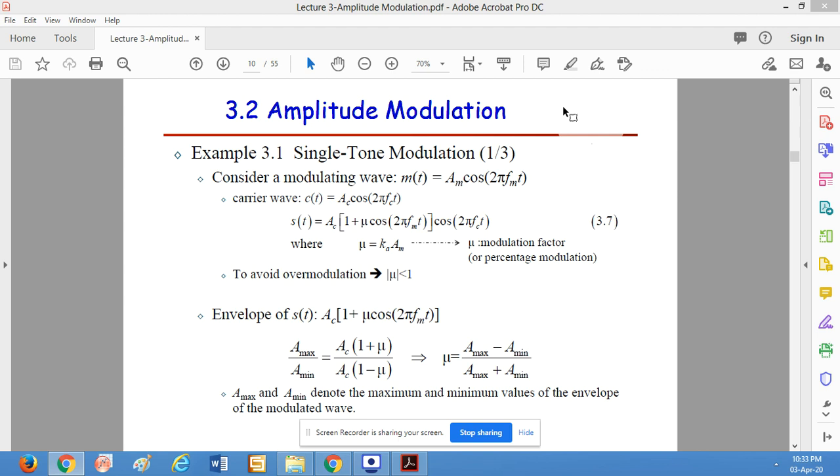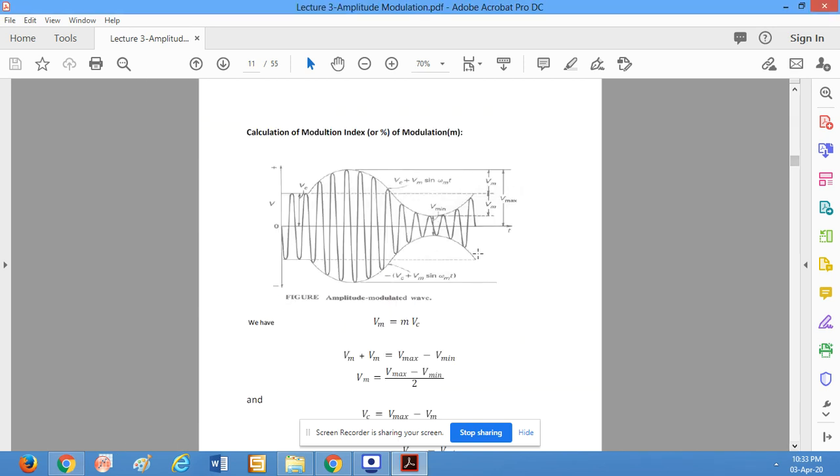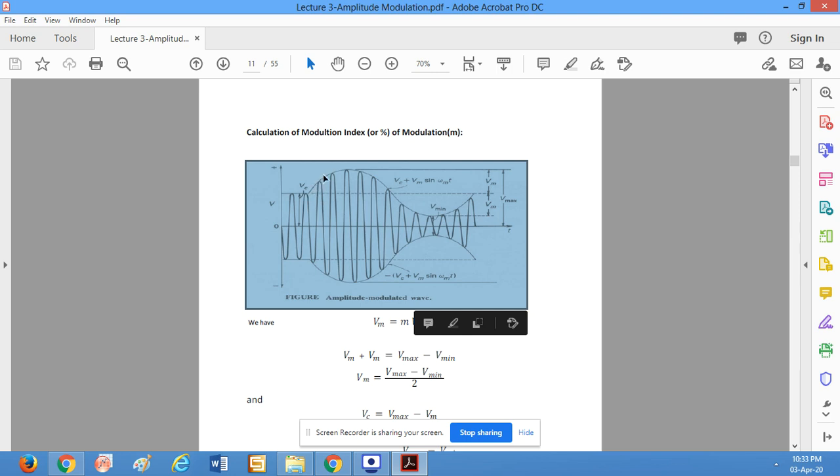Now we will study the envelope of s(t). The s(t), which is the modulated wave, is given as Ac[1 + mu cos(omega_m t)]. Looking at the figure on the next slide, this we define as the envelope.